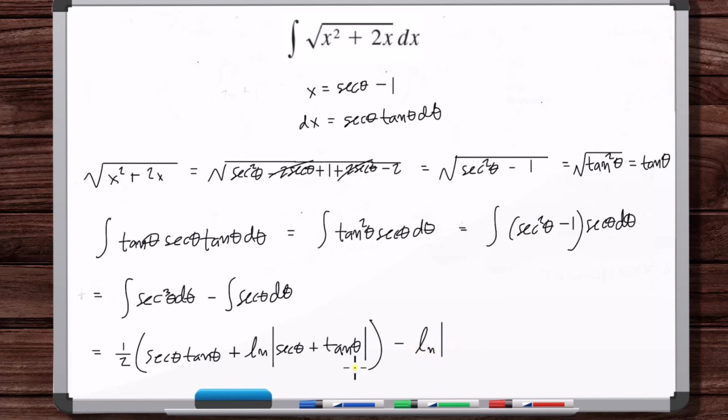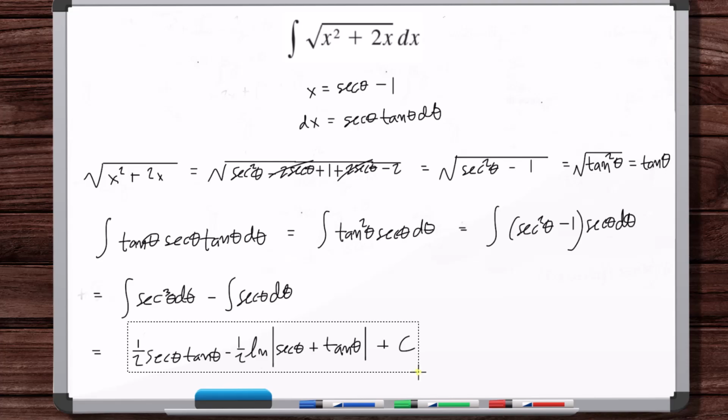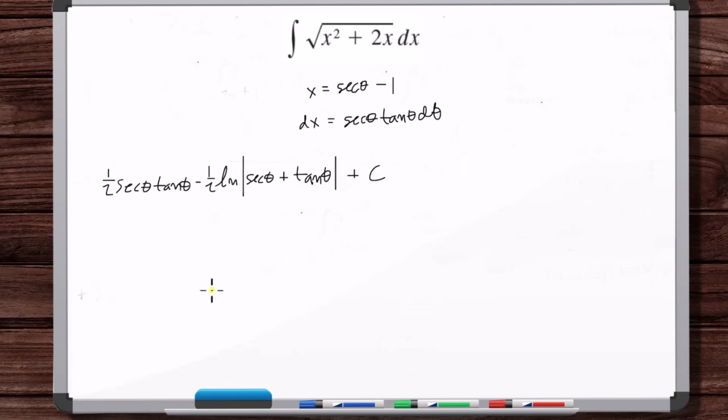This integral is natural log of the absolute value of secant theta plus tangent theta. And so if we distribute the 1/2, then what we're left with is... okay. So now let's draw the right triangle.